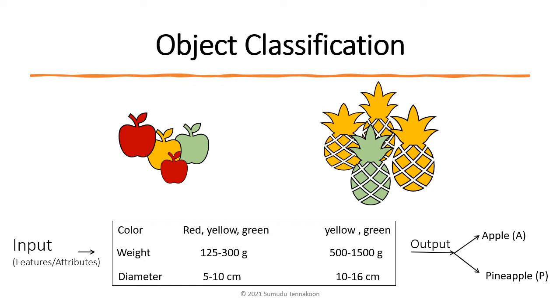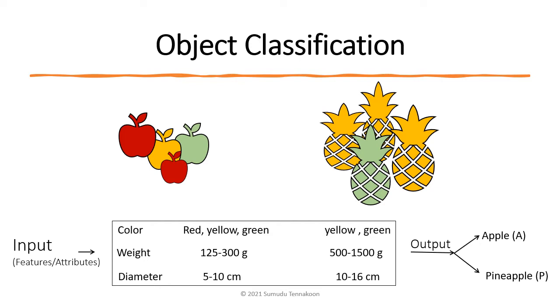Then, in our introduction to machine learning lesson, we created a classifier model based on three input values or features: color, weight, and diameter. If the color is red, yellow, or green, those are characteristics of an apple. The color of a pineapple is yellow and green. Then we had the weight and diameter, so we gave some numbers. Based on those numbers, we tried to draw the decision trees showing how we can make the prediction, right? Recap that lesson if you forgot it.